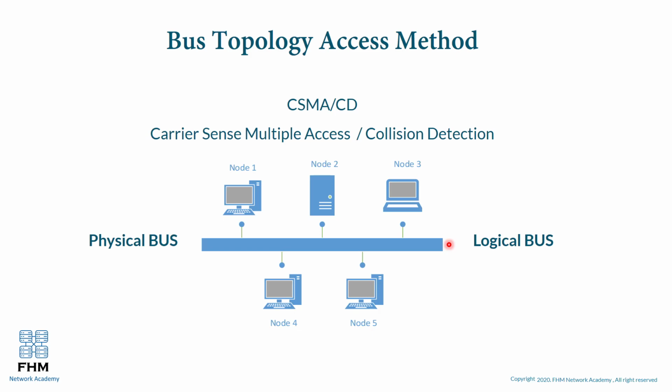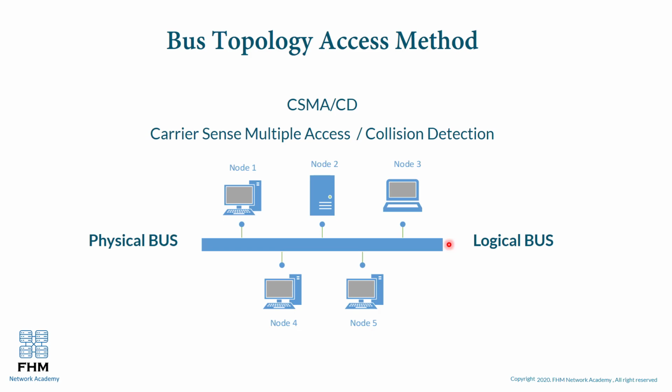Because the media is shared, just one node can send a signal into the media. So before sending a signal to the media, nodes must listen to the media and ensure the media is clean. Again, because the media is shared and all nodes in the network receive signals, every node should have a unique address to understand if they are the destination of a frame that is sent through the network.